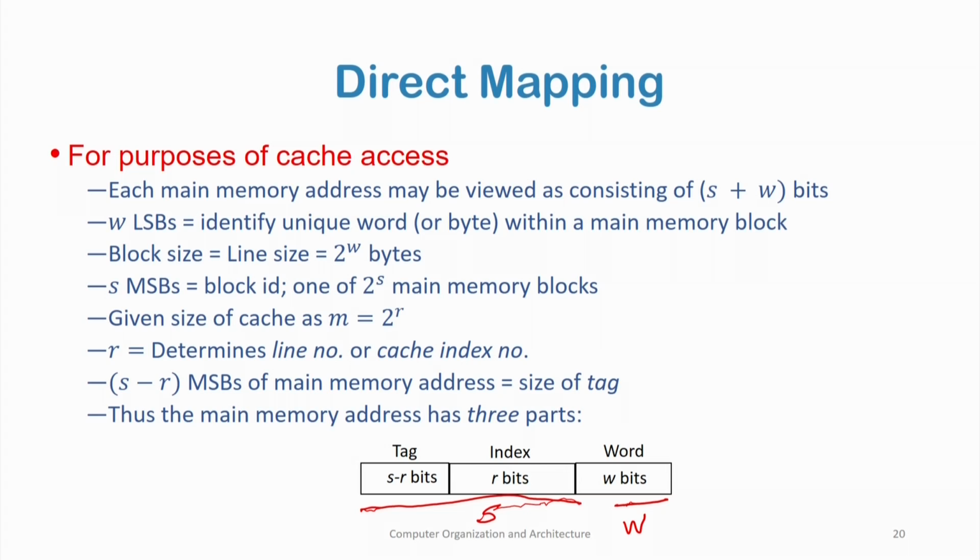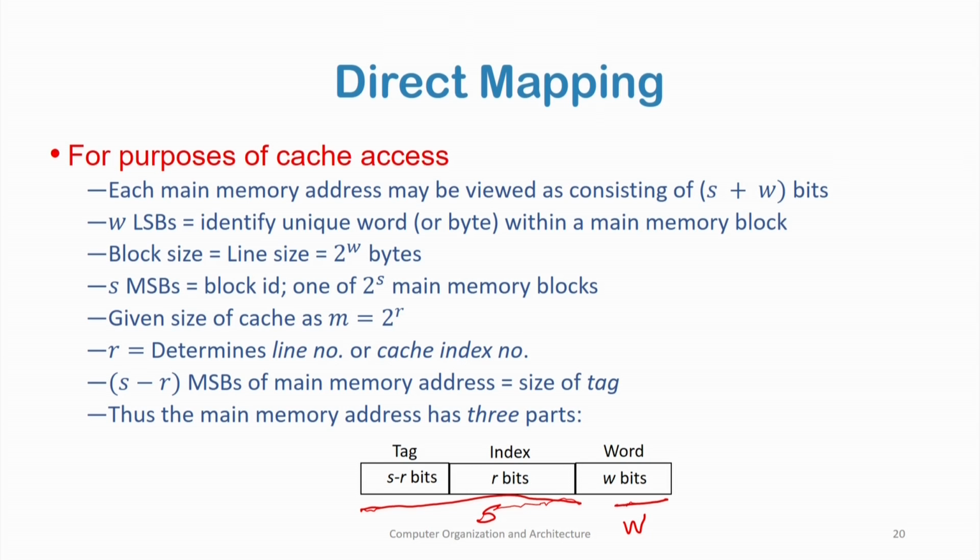Given the size of the cache, let the number of lines in the cache be m, equal to 2 to the power r. r bits are used to determine the line number or cache index number.